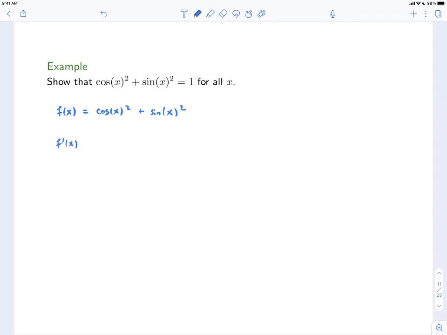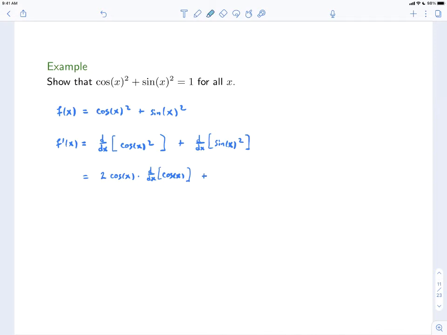F prime at x is equal to the derivative with respect to x of cosine x quantity squared plus the derivative with respect to x of sine of x quantity squared, just differentiating term by term. So the first one, the derivative of cosine squared, is going to be 2 times cosine of x to the 1 times the derivative with respect to x of cosine of x, plus the second derivative.